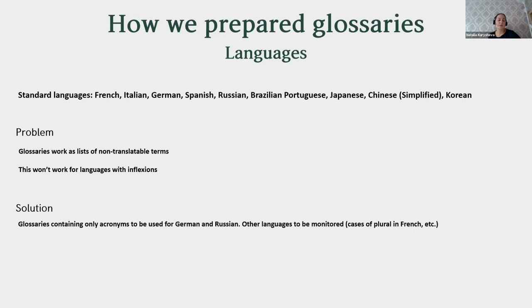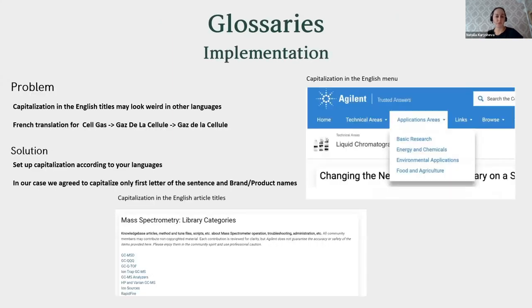That's why for us the solution was to have glossaries containing only acronyms for such languages as German and Russian, and other languages to be monitored in order to check if, for example, plural forms were implemented correctly or didn't create any issues.